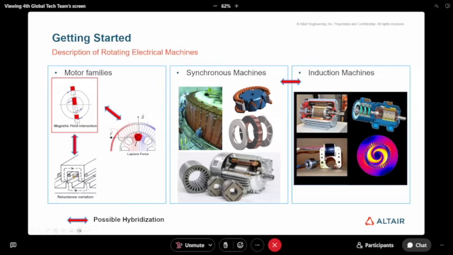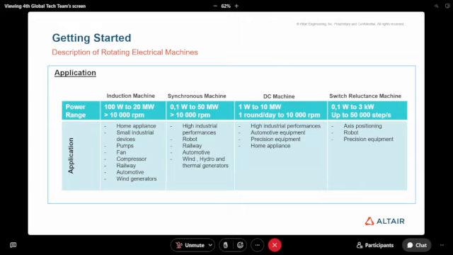And if there are a lot of machines, there are a lot of applications, and we'll see when we are going to design the machine that a given machine is designed according to its application. So there are applications, mostly in the industrial part, where we have the induction machine and synchronous machine. They are used in generators and transportation. The DC machine is used in industry and then transportation as well.